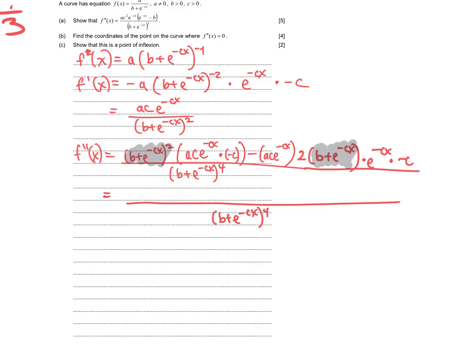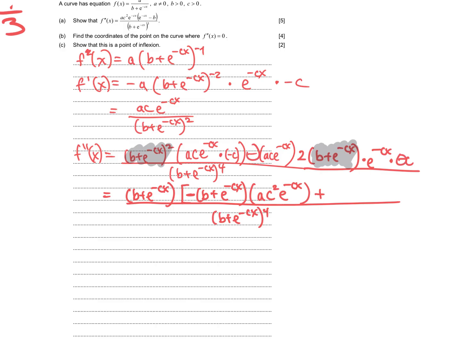And then we need, it's going to be a negative here. And then we're going to have ac squared e to the negative cx. Then we're subtracting, adding, because of this and this.